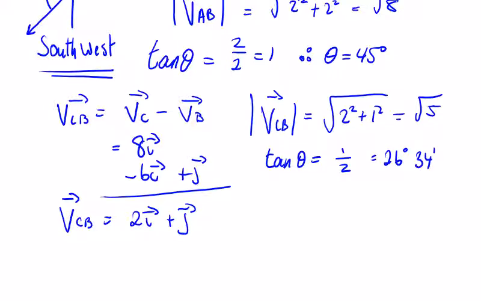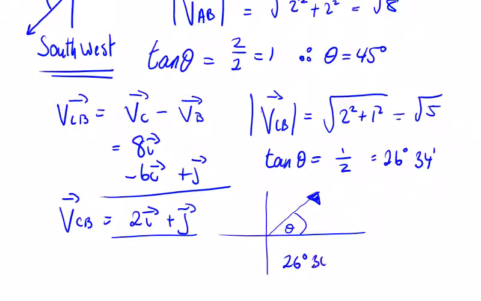And the direction here, it's 2i plus j, so it's positive, so it's going in this direction. This is theta, so it's going northeast. So it's going to be 26 degrees, 34 minutes northeast, or we can write that as east 26 degrees, 34 minutes north.